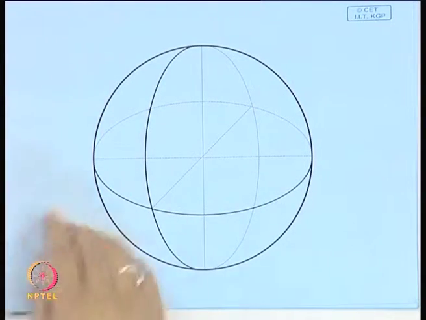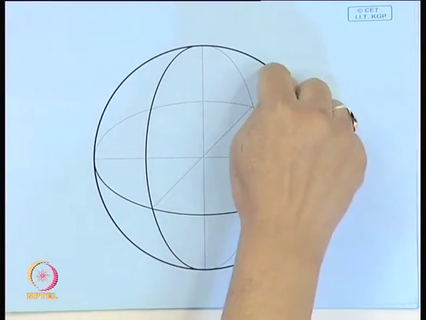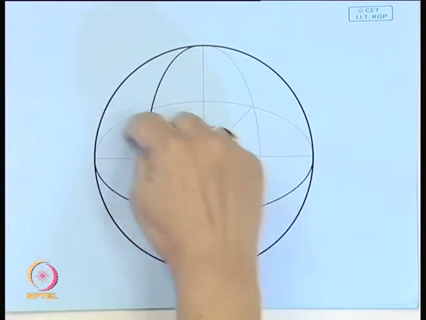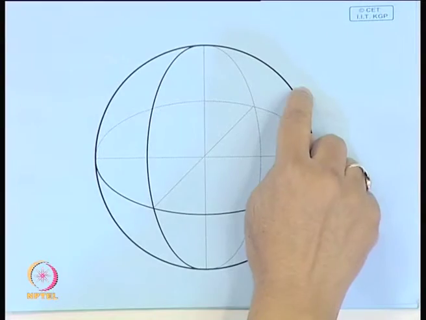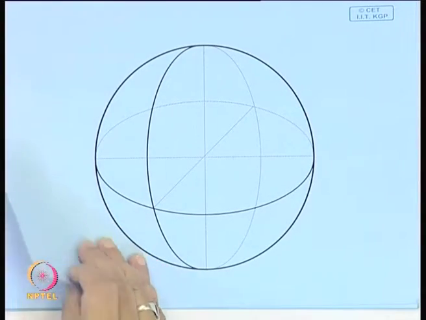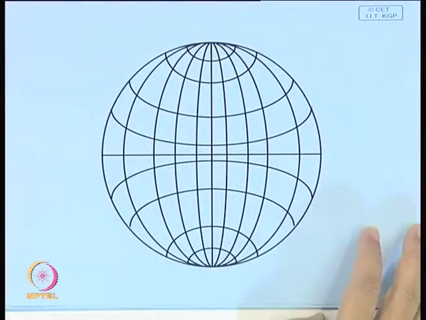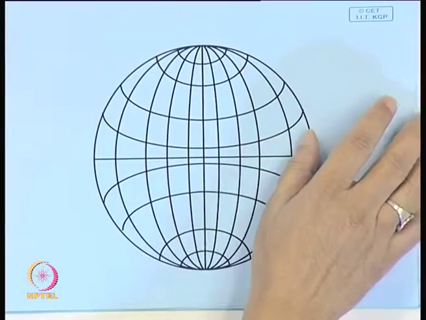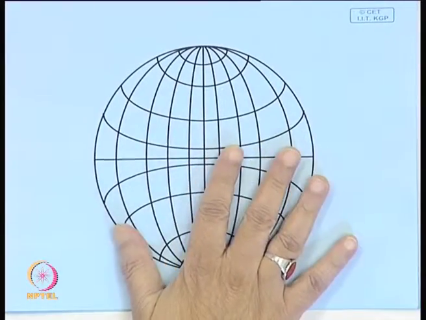And we also have a set of lines in the globe which go like this. We call these latitudes. So, here also you can think about a similar situation and look at a projection of this kind of ruled globe, which we call the Wulff net.